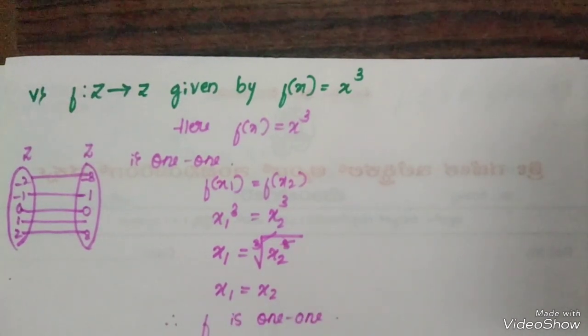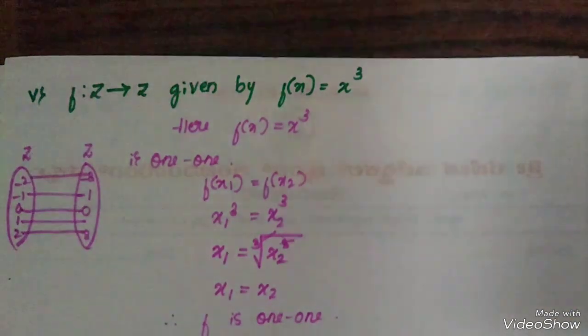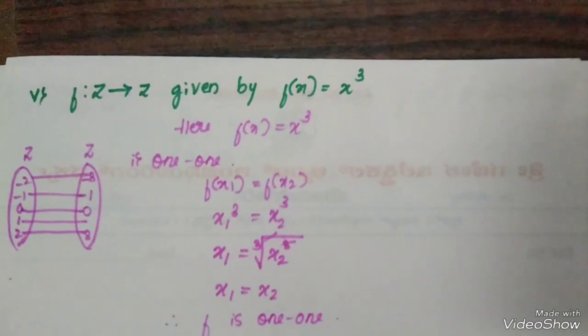Again, check for the onto condition. f of x is equal to y. y is equal to x cube. Solve for x. x is equal to the cube root of y. Whatever y values we consider, we get the cube root of that number.